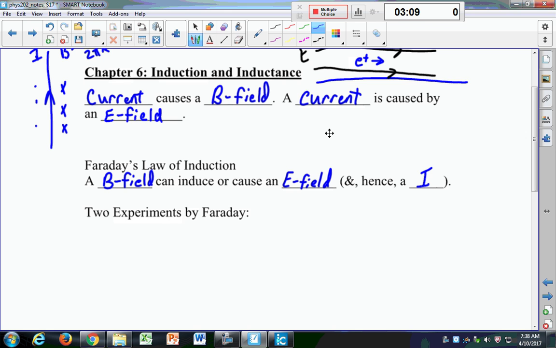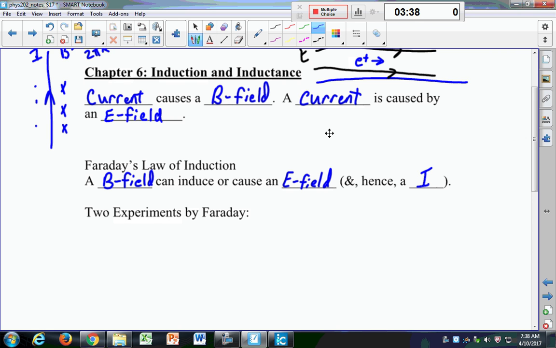Because we talked about how electric motors take an electric current and they go through a coil and they cause a thing to turn. Well, the reverse of that is true, that I can take a magnetic field and a coil of wire and apply a force to it, and then that generates an electric current. That's sort of what we're talking about here, that if I have a magnetic field I can use it to induce a current, or I can use it to induce an electric field.